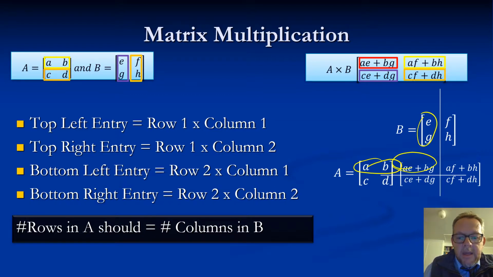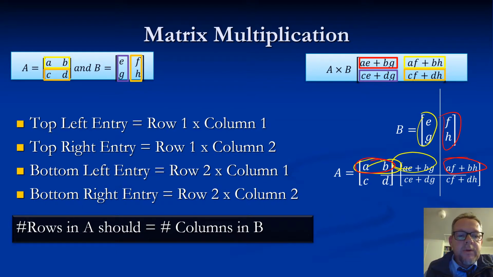If I go AB times FH, well, that's got to be there, and so on. So that's the way we multiply matrices.